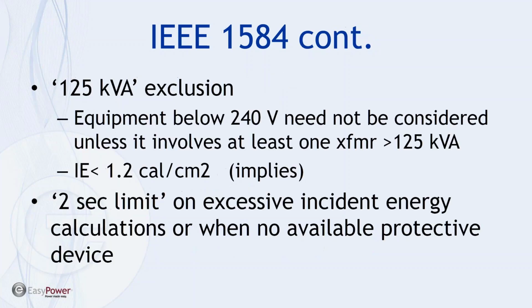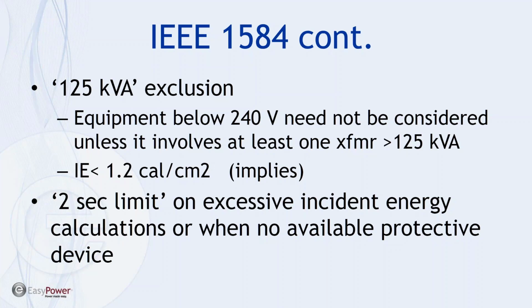IEEE 1584 also goes on to talk about the 125 kVA exclusion, and that basically stipulated that equipment below 240 volts need not be considered unless it involved at least one transformer greater than 125 kVA in the supply for that system.